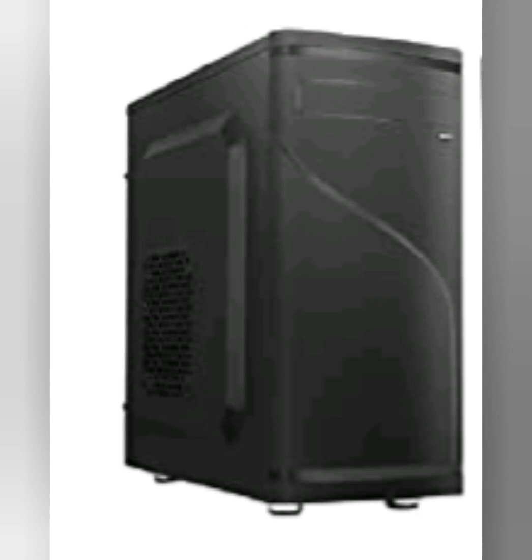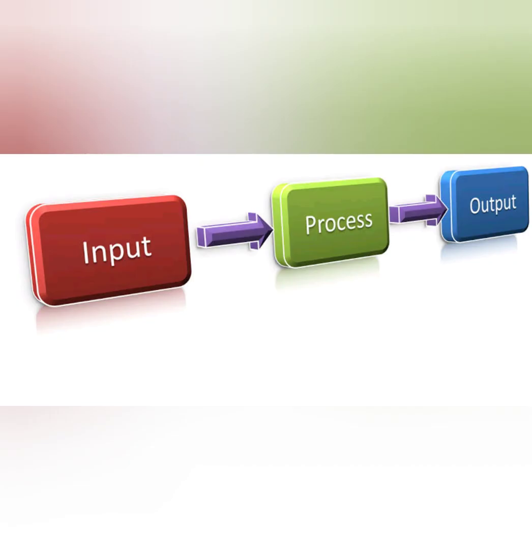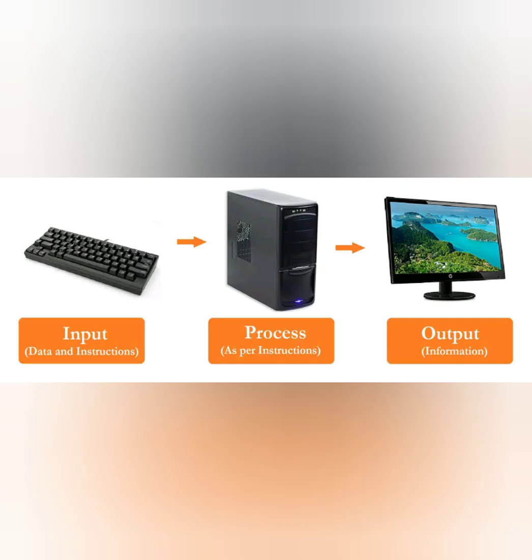You all know about the IPO cycle. What is IPO? IPO is input, processing and output. When you work on a computer, you have to give certain input to the computer. That is input. And the CPU processes the input and gives you the desired output, that is the processing and output phase.